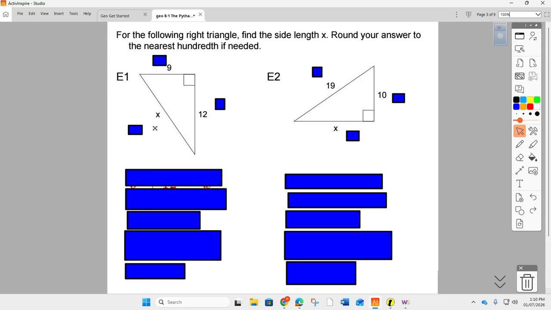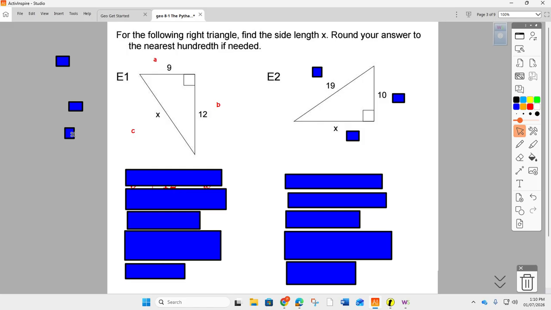How do you know? Very good. It's across from the right angle. While we're thinking about it, let's always remember that the hypotenuse is always the longest side in a right triangle. Don't really need that right now, but we will later.